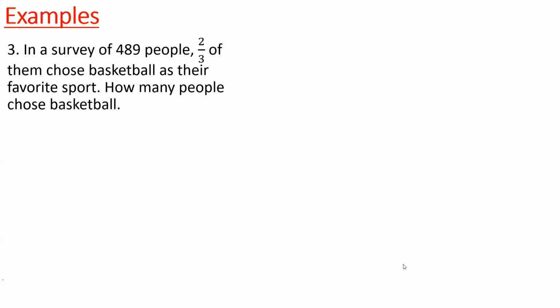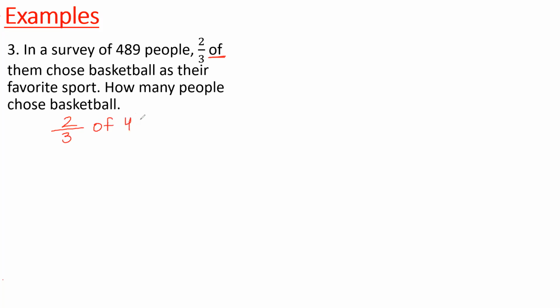Okay, so basically this one is not hard because the key word here is of, right? It says how many people choose basketball? Well, 2/3 of the total chose basketball.